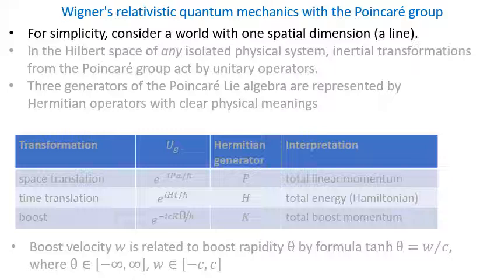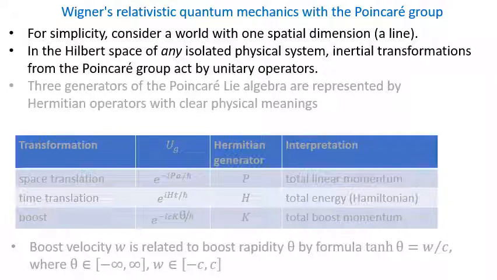Now, let me remind you about Wigner's theory of unitary representations of the Poincare group. We discussed these ideas many times, so I'm going to be brief. To make calculations as simple as possible, I'll consider a one-dimensional world.